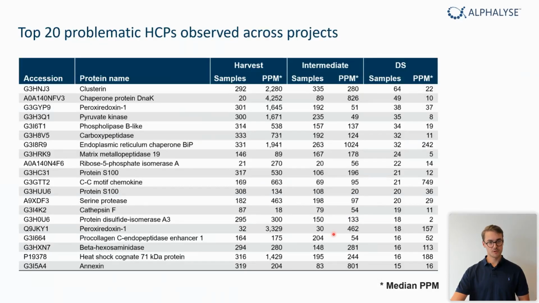And we can also do this with just the top 20 problematic HCPs, because we know a lot of you are quite interested in these things. And here is just across all of the different projects.